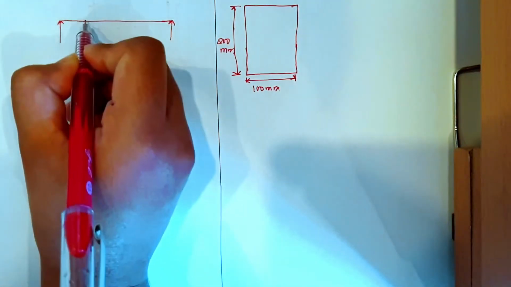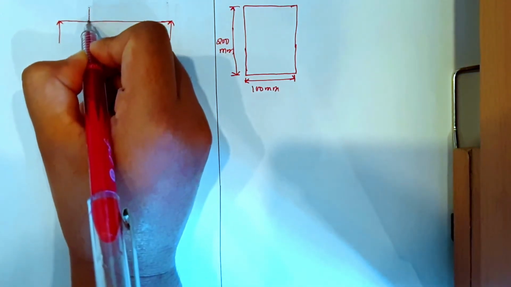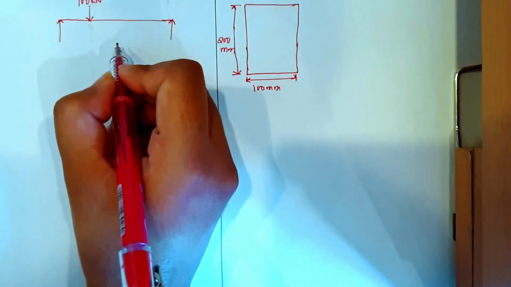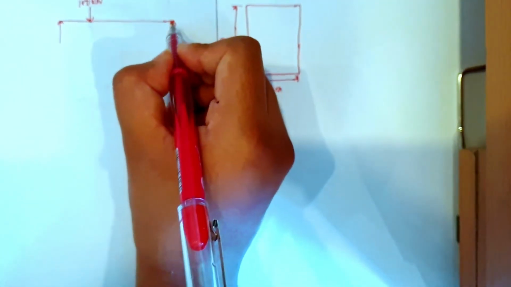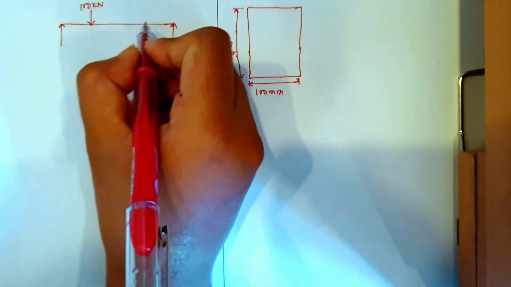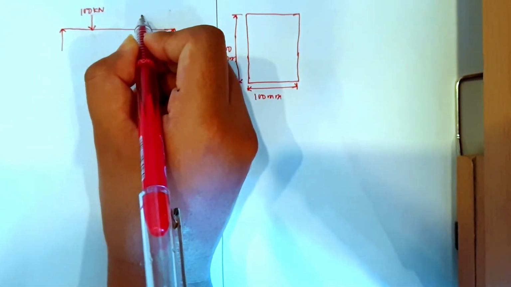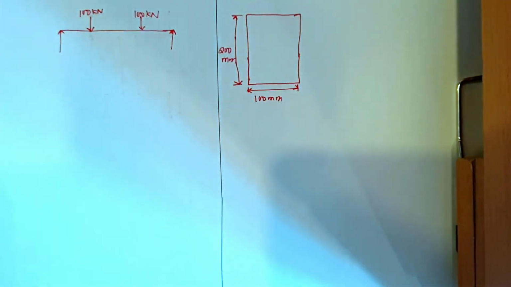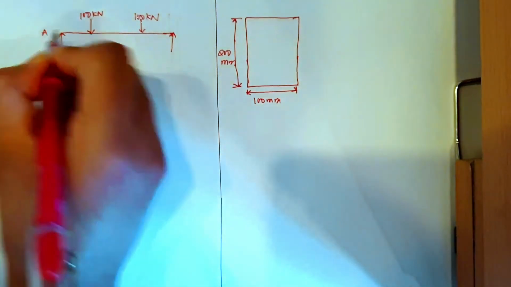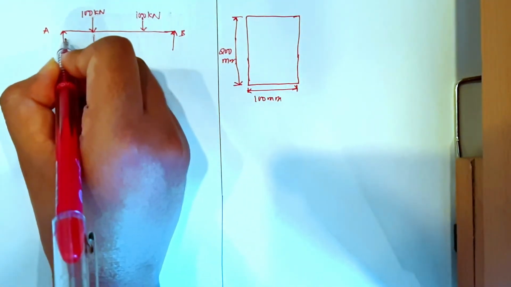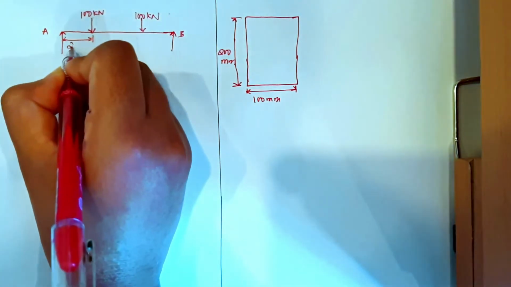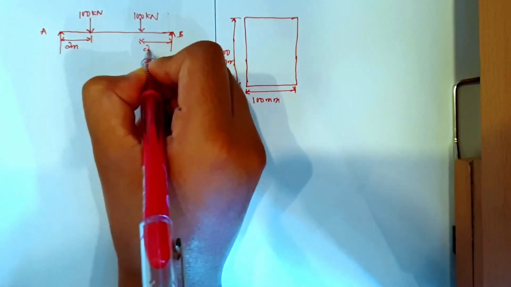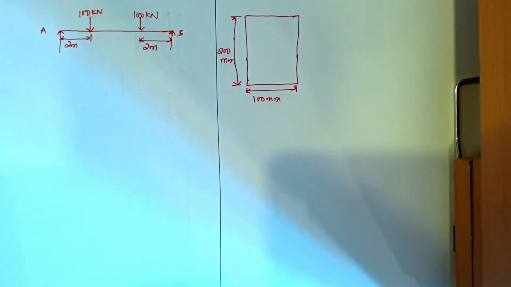Ab ye support se 2 meter distance pe I have a 100 kilonewton load, and again from this support here, this point at 2 meter also I have 100 kilonewton load, right? So let me name this A point and B point. To yahan se yahan tak it is 2 meter distance pe hai, aur yahan se yahan tak pe it is at 2 meter distance, right?